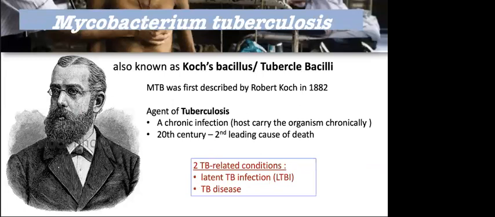This is known to be the agent of tuberculosis, or previously called consumption, because the person infected would appear as if he or she was consumed from inside. They look so thin and fragile, because of the effects of the virulence factors of Mycobacterium tuberculosis.